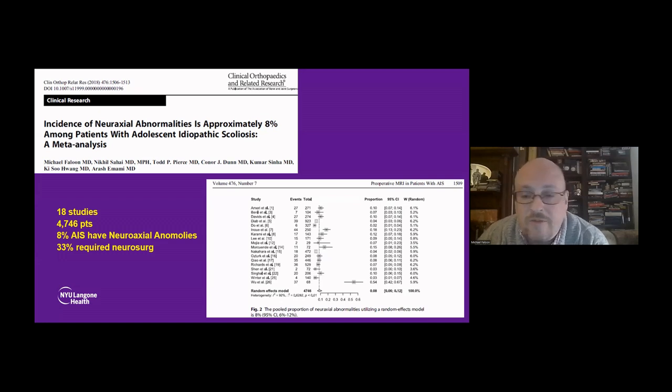It included almost 5,000 patients, and the overall ratio is that 8% of those diagnosed as AIS, when MRIs are done preoperatively, demonstrate some kind of neuroaxial anomaly.